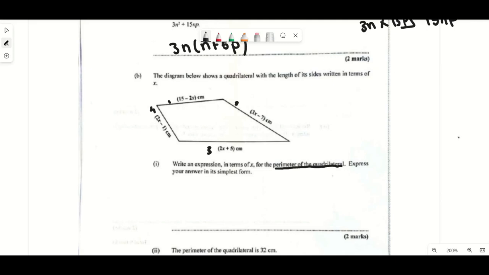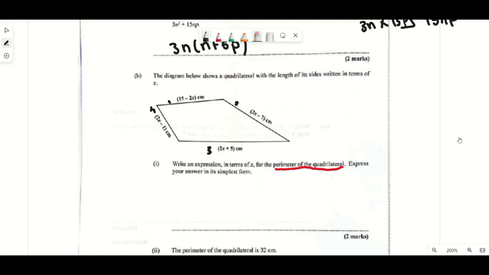Perimeter of the quadrilateral just means to find the distance around. Perimeter means you're adding everything around, right? So we have to add side 1 plus side 2 plus side 3 plus side 4. So let's just erase that.